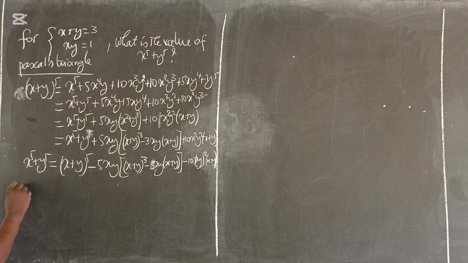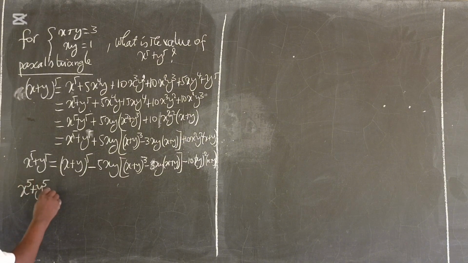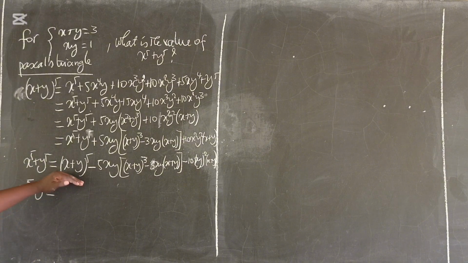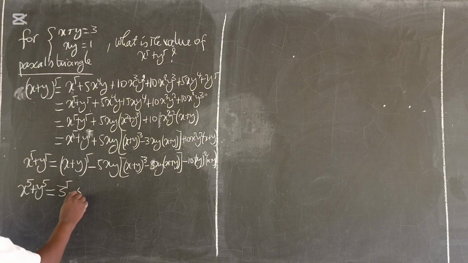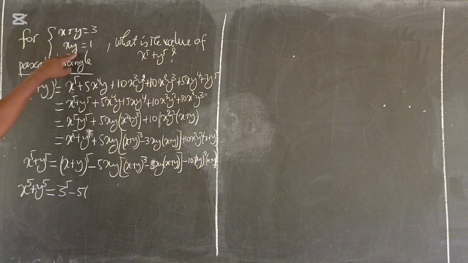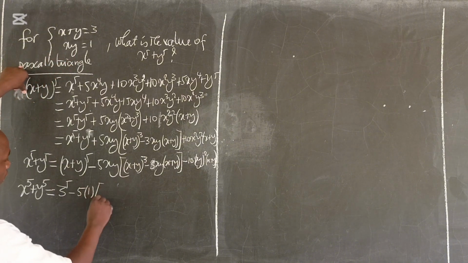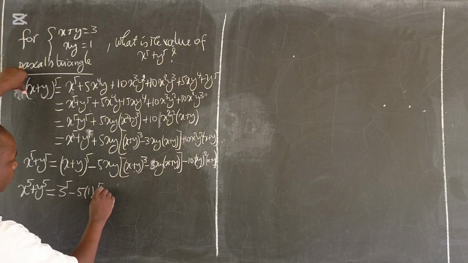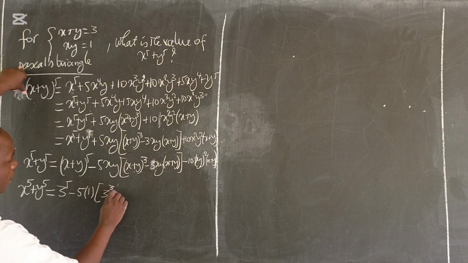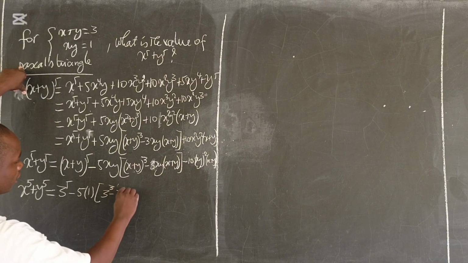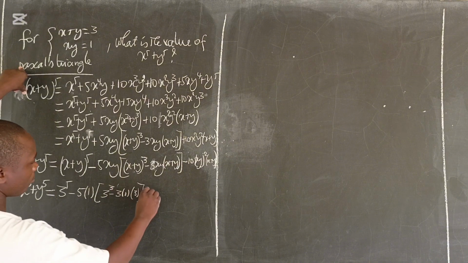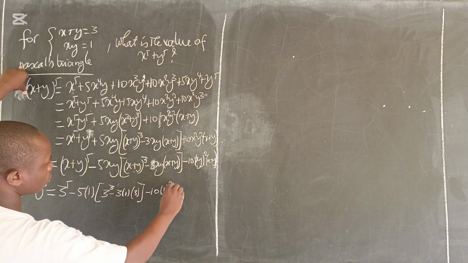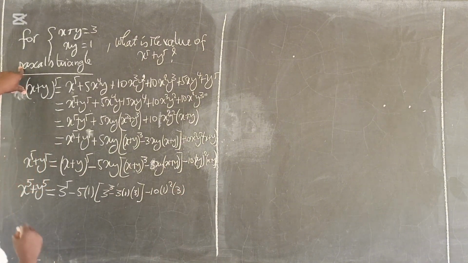Okay, x power 5 plus y power 5 is equal to, we know that x plus y is 3, this is 3 power 5, minus 5 into xy is 1, into 3 power 3 minus 3 into 1 times 3, minus 10 into 1 power 2 times 3.